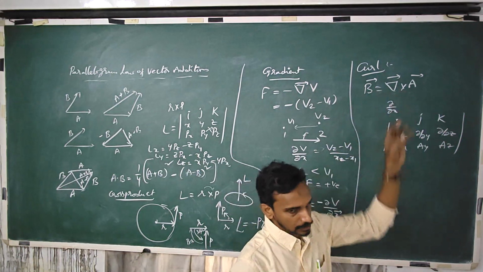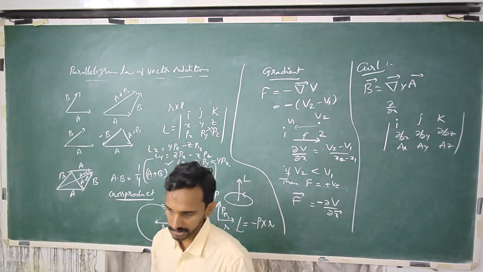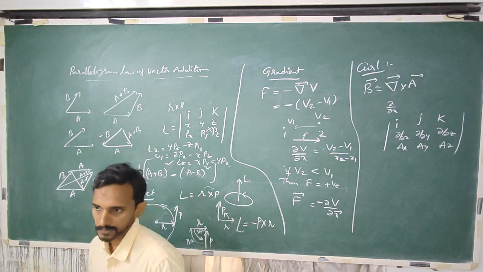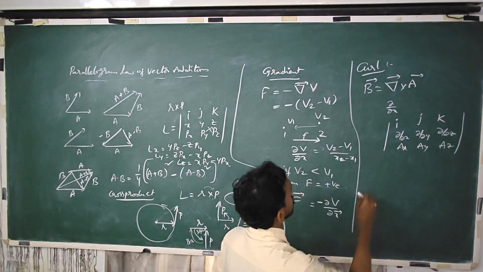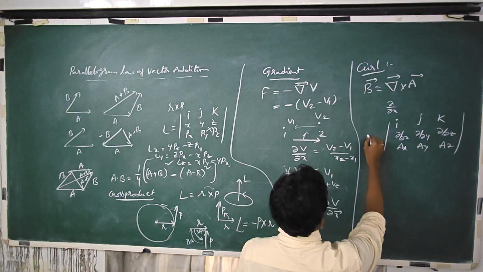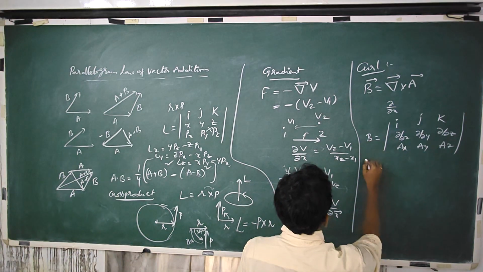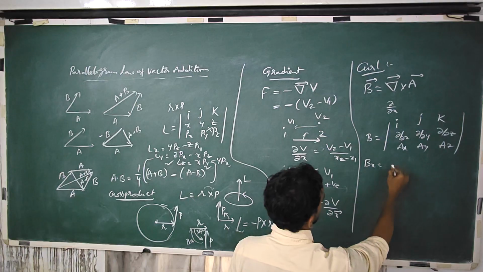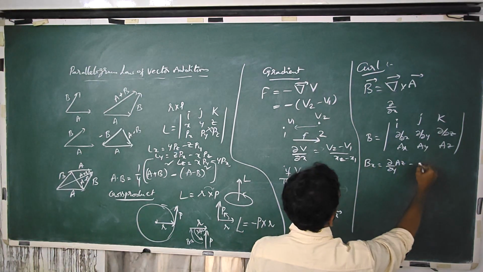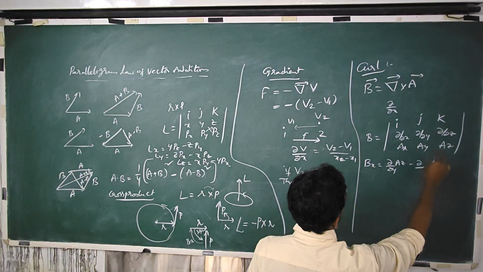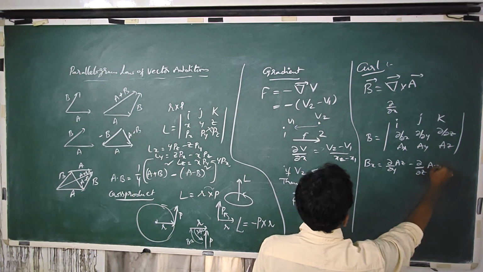Here we are taking the curl, which is a spatial variation of that physical quantity. So what do you get? Let's say this is B. Your Bx, the x component, is dou by dou y of az minus dou by dou z of ay.